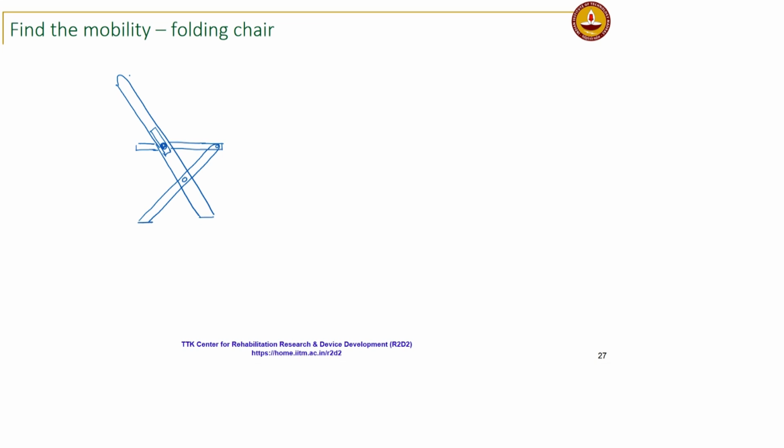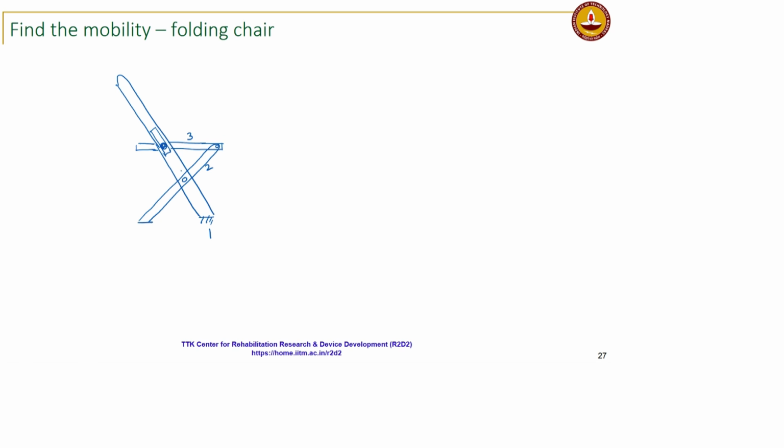So, let us consider, say this link, I fix this link. Usually when you hold the chair and then you try to fold it. So, I would have this would be link 1, link 2, link 3.